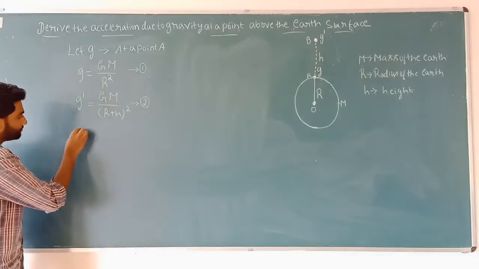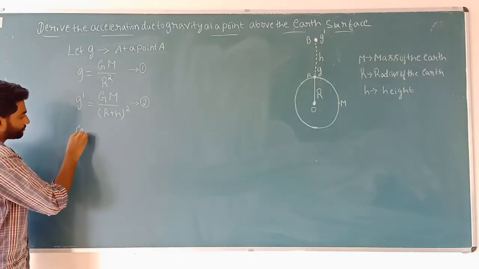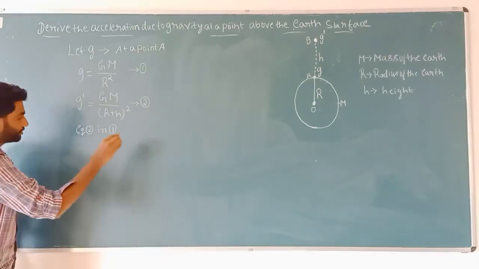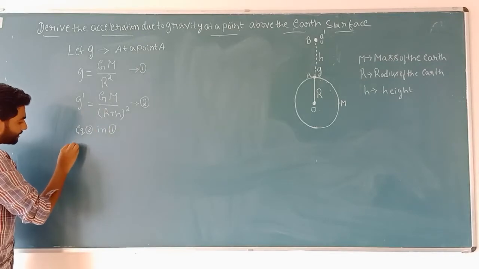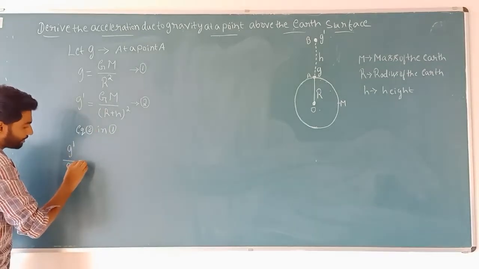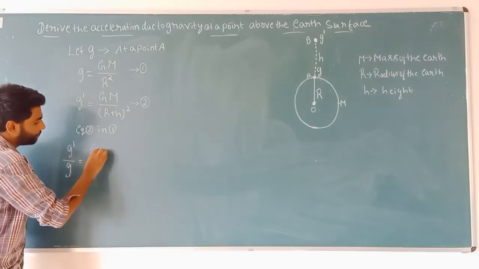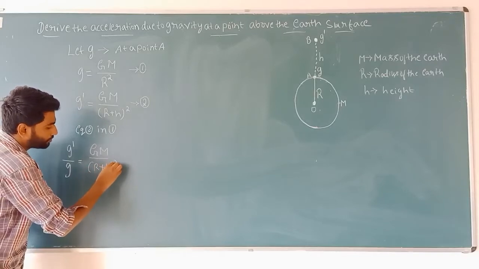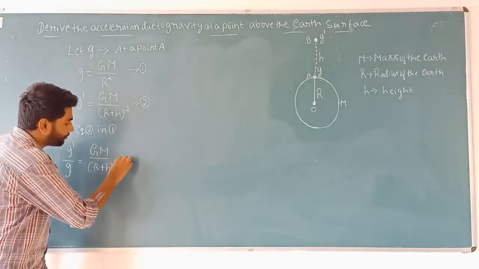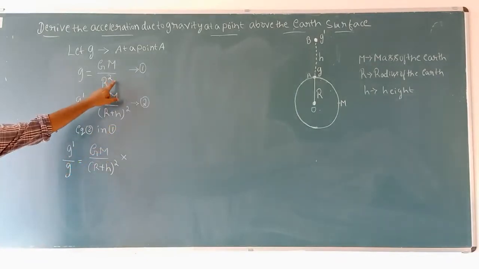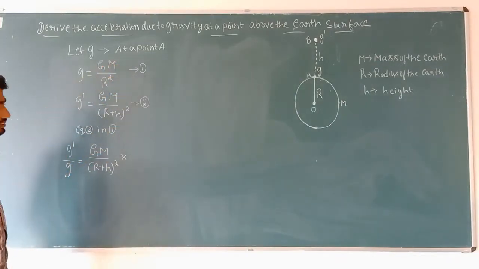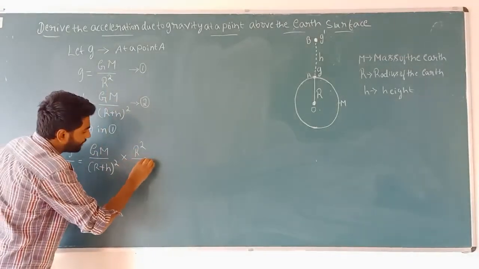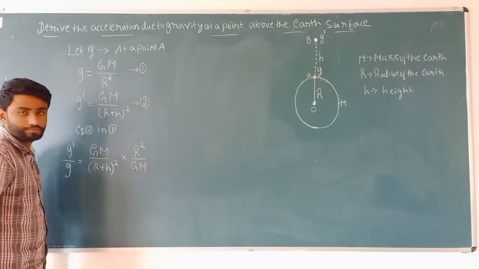So divide equation 2 by equation 1. g dash by g equals G m by r plus h whole square into r square by G m.